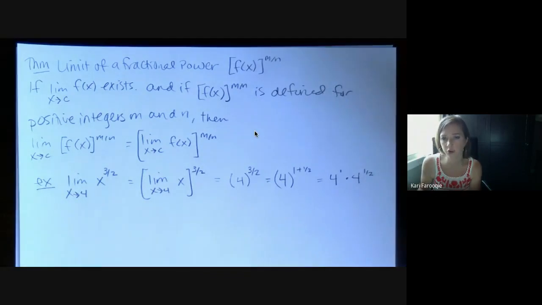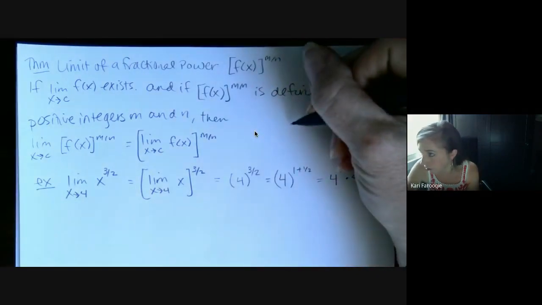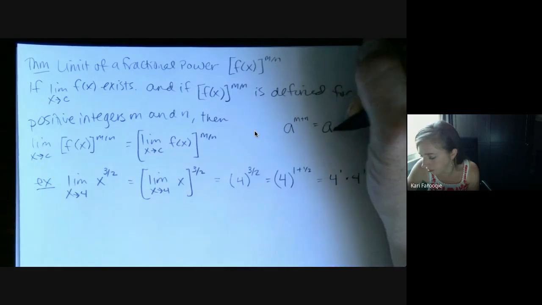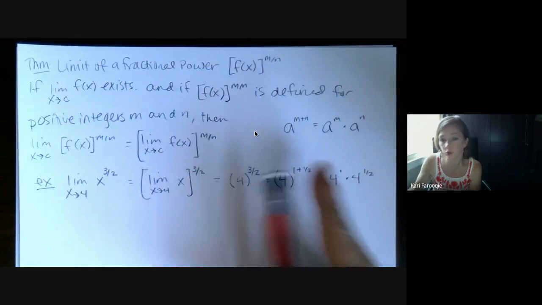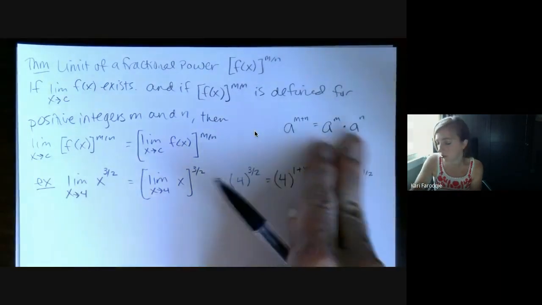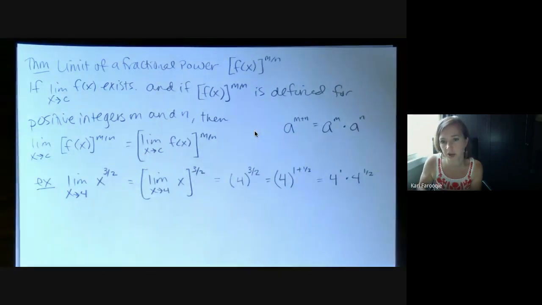So that's from your properties of exponents. It's the product rule for exponents. If you have the same base and you're multiplying, you add the exponents. Same idea here. I've just broken it up in the opposite direction.